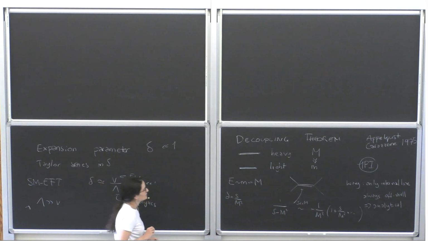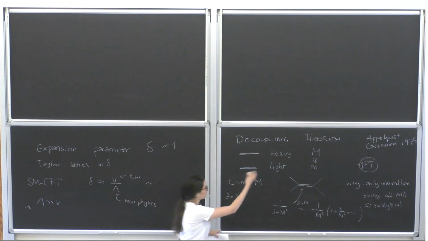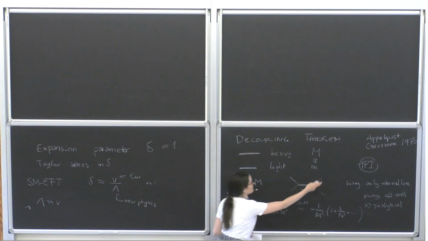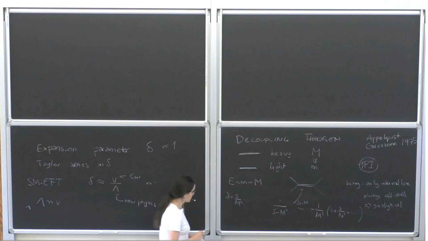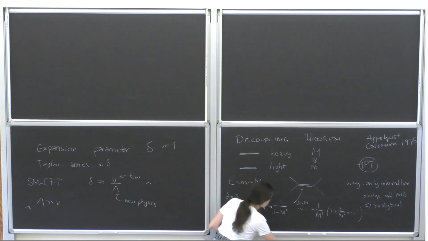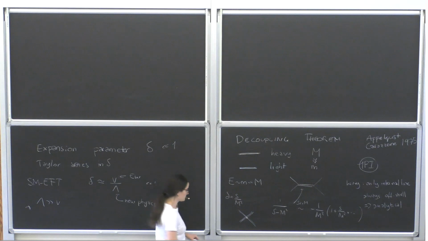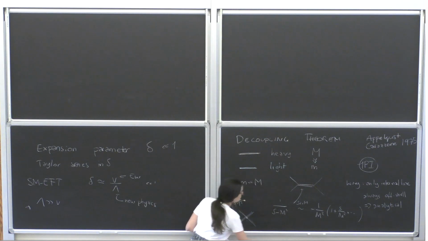And so putting together these elements, what the theorem tells you is that a diagram like this can be equivalently described by a contact point. So you can have a theory where you have only a contact vertex between the 4 light particles.